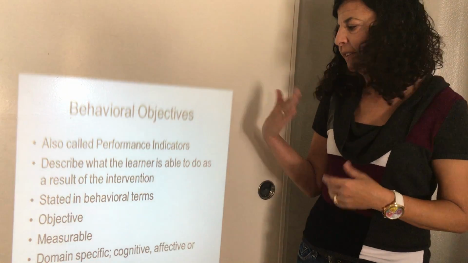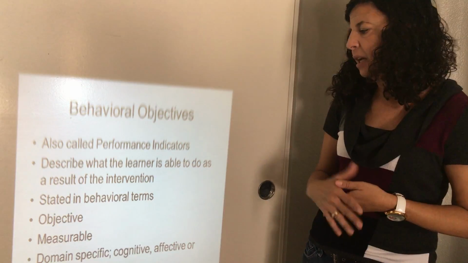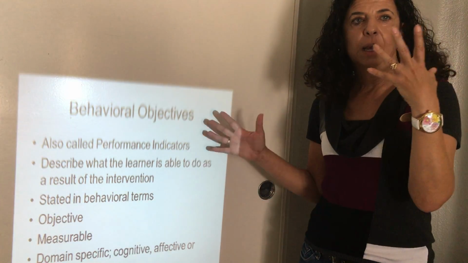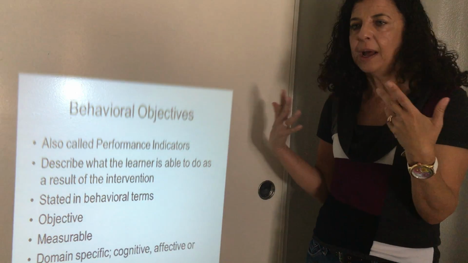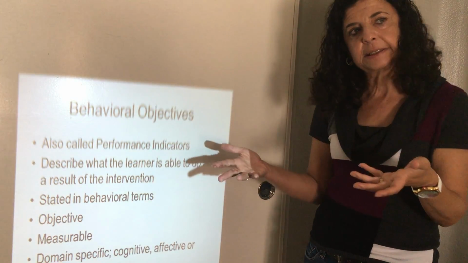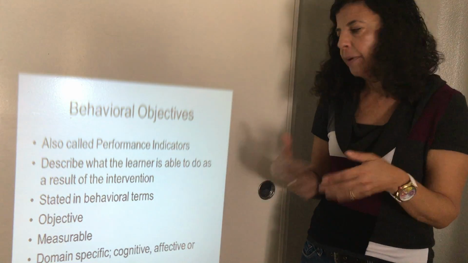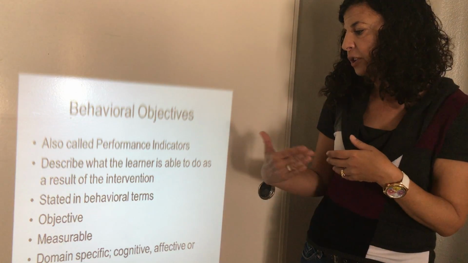Behavioral objectives are also sometimes referred to as performance indicators. This is probably one of the most important things, because it's what is going to occur as a result of your intervention. It's not just for people to know more stuff, but for people to actually take some action. So they need to be stated in behavioral terms.